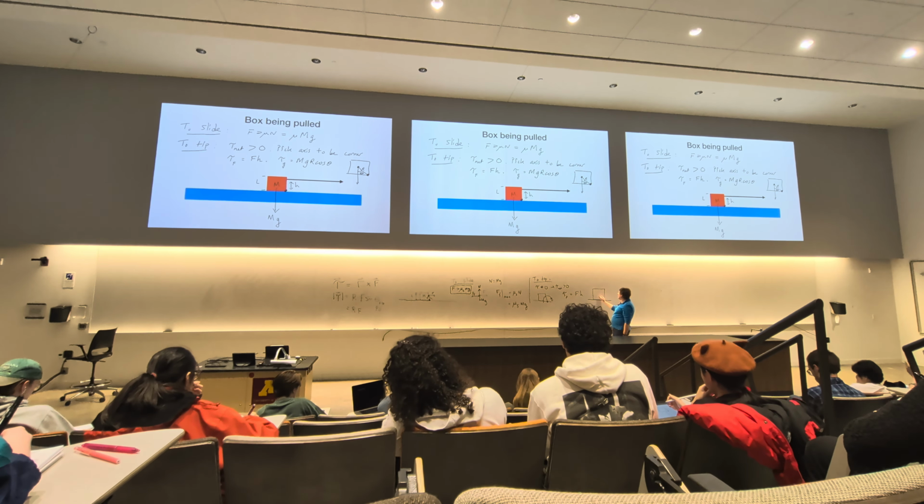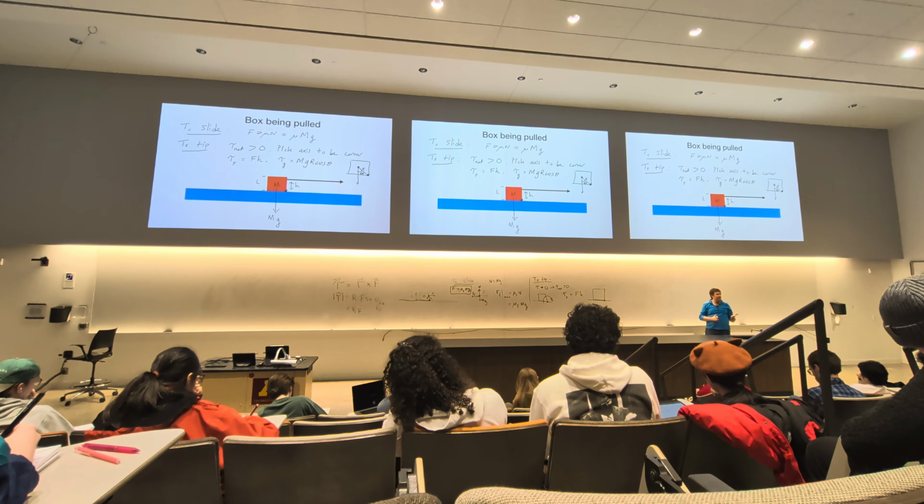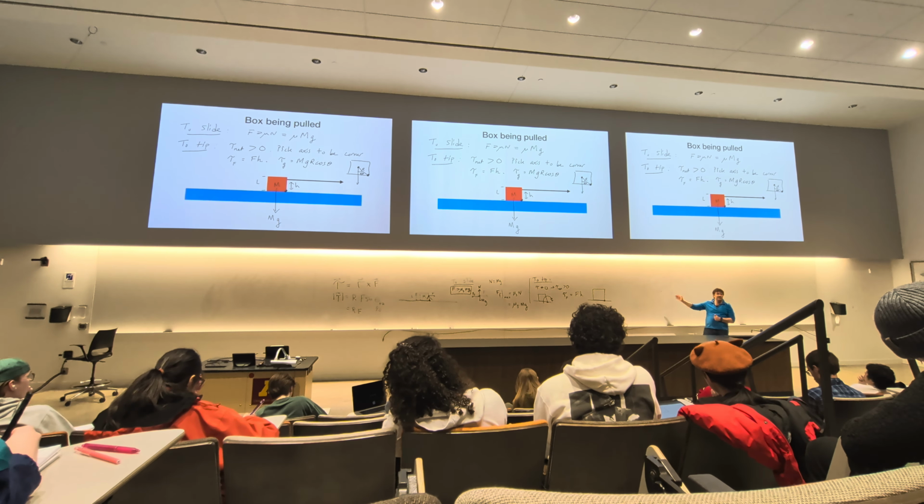But gravity, remember, for the purposes of torque, you should think of it as acting on the center of mass. Let's assume the box is uniform. If I was carefully writing an exam problem, I would say so. So if it's a uniform box, the center of mass is in the center. So gravity pulls down like this. This is mg.